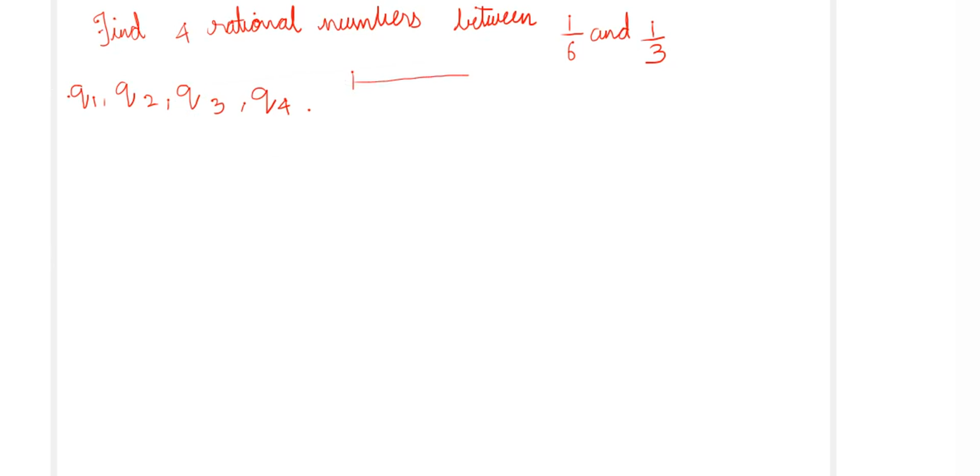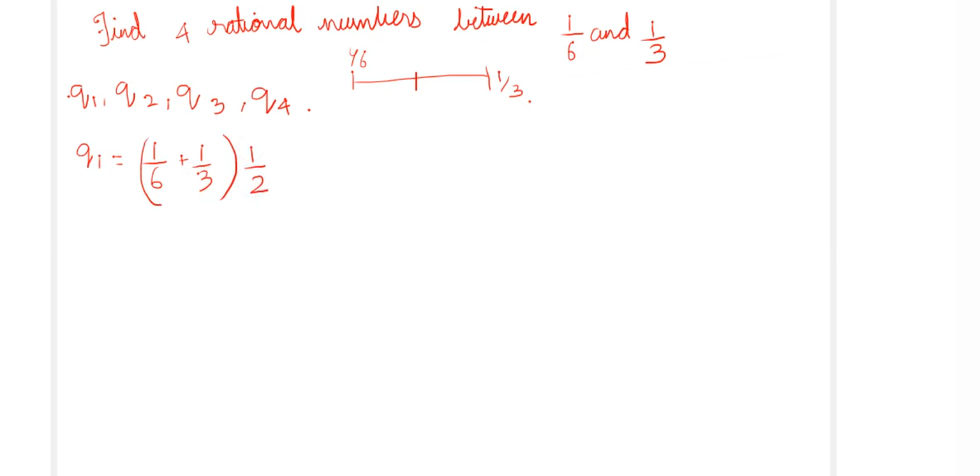Now you have 1 by 6 here and 1 by 3 here. If you find the mean, you will get the number exactly in the center. So my Q1 is going to be equal to 1 by 6 plus 1 by 3, into 1 by 2.